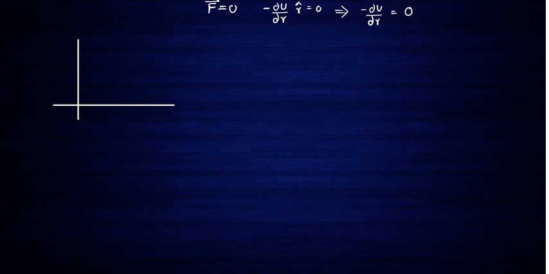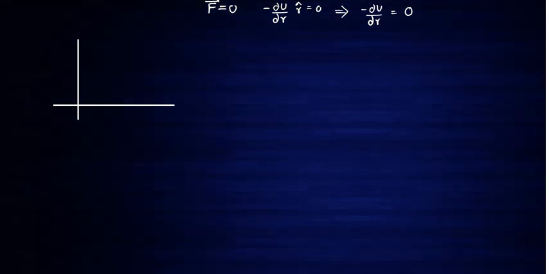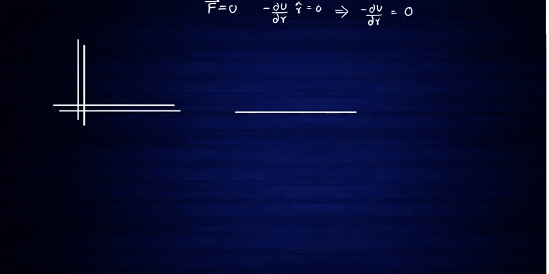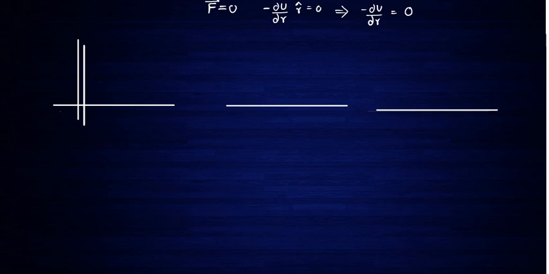So we would like to draw the graph of u versus r. There are three possibilities for such a graph.